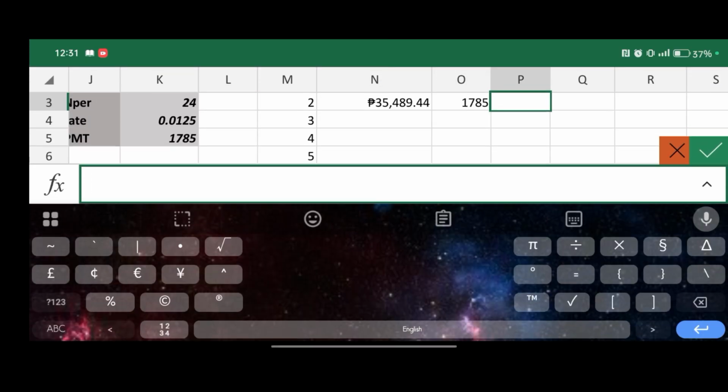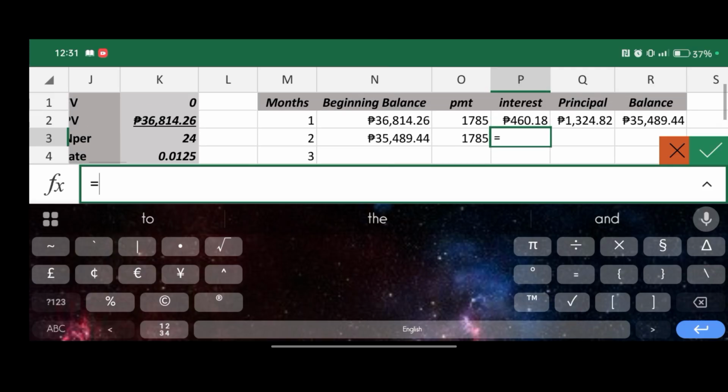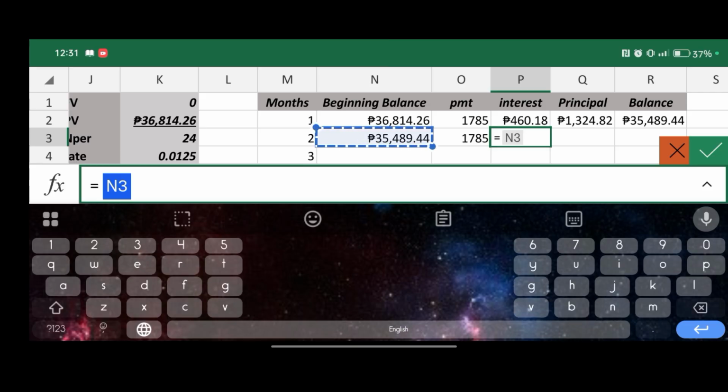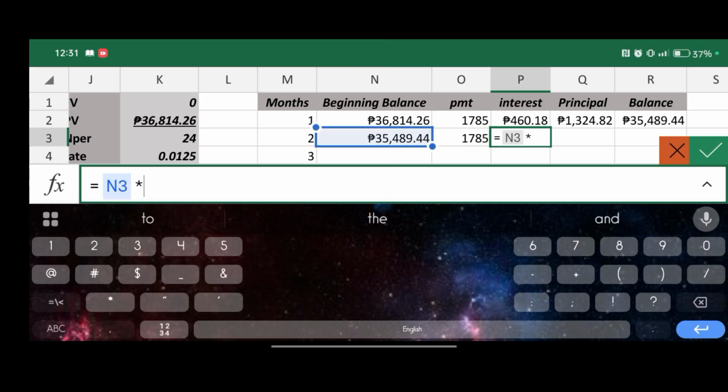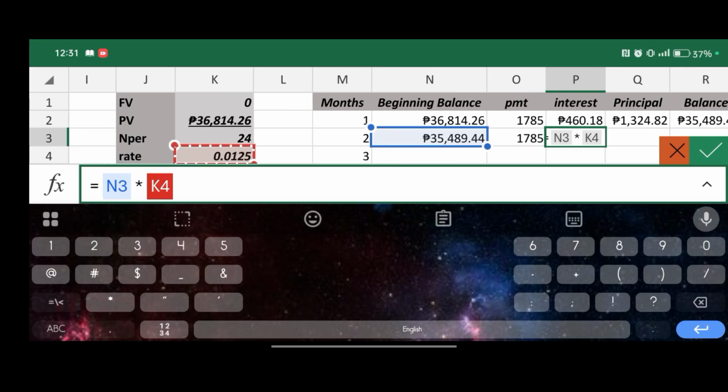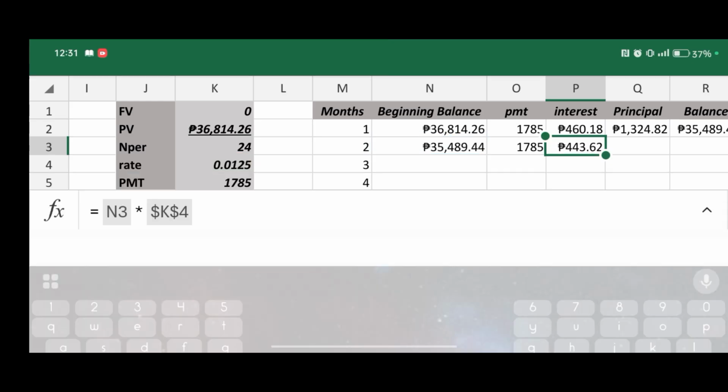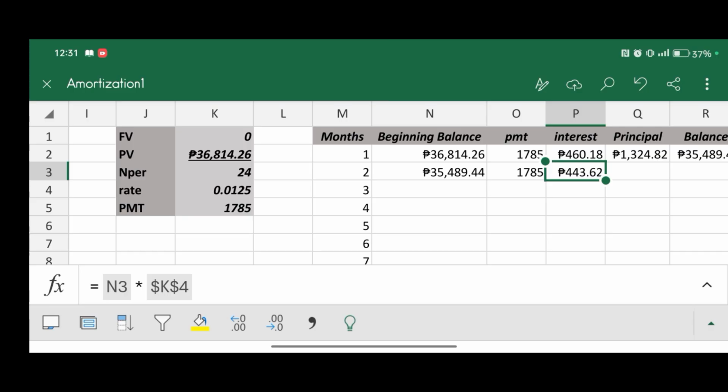We put an equal sign, then the beginning balance multiplied by the rate. To keep this going, we know that the rate is constant and cannot be changed, so we should put dollar signs before the K and after the K. And that is the interest for the second month.